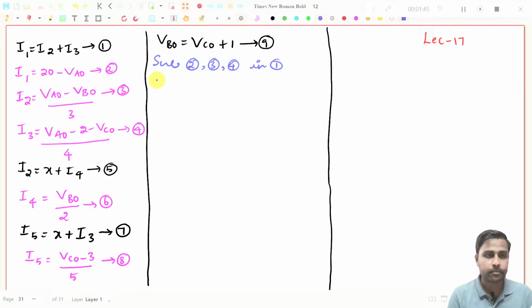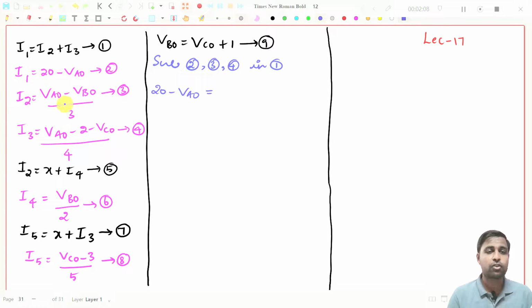So I1 is nothing but 20 minus VAO. So 20 minus VAO should be equal to, I will divide while substituting so that it will be easy to add, otherwise you have to take LCMs and all. So what is I2?